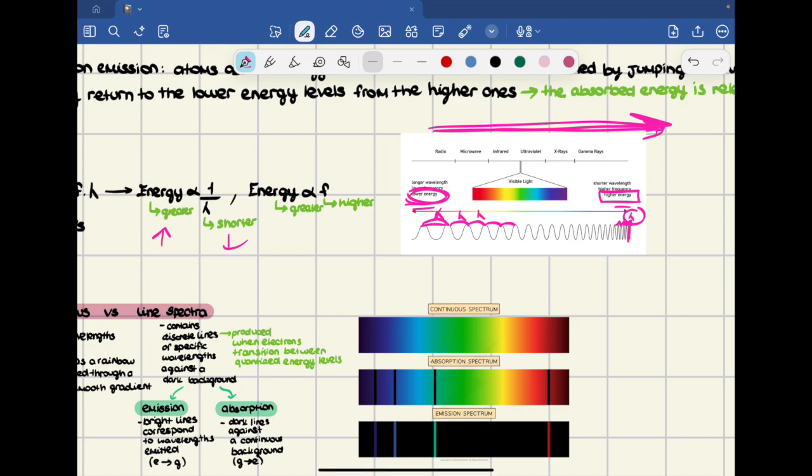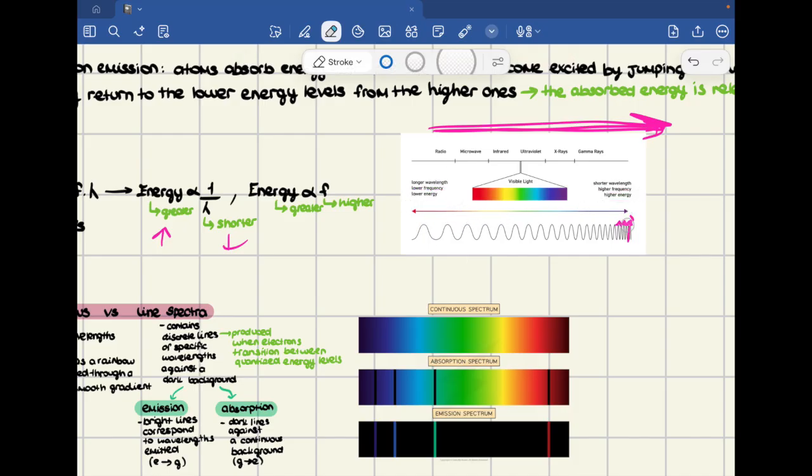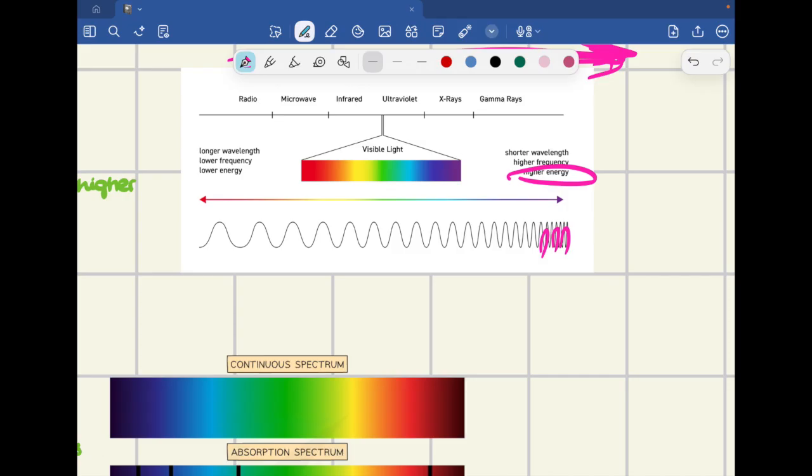And also energy and frequency are directly proportional to each other. When we take a look at the electromagnetic spectrum, we can see that higher energy has a higher frequency. Frequency is the number of wave cycles that pass a given point per unit time. As we can see, a lot of waves pass here.